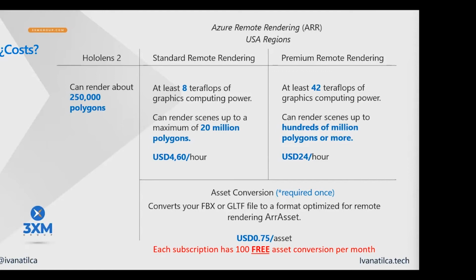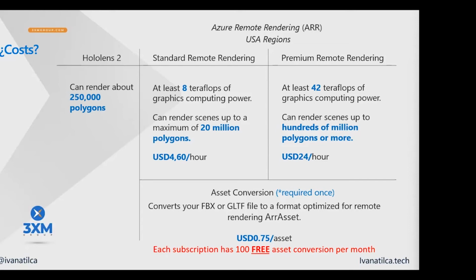And in the conversion, what Azure does is it converts it to a type of file that is going to be the one that is rendered to the device. And that format is our asset. And that's the conversion that you are seeing at the bottom that is going to be charged $0.75 US per asset.